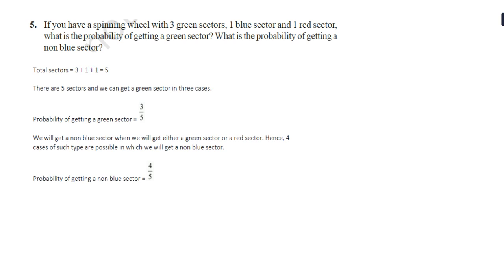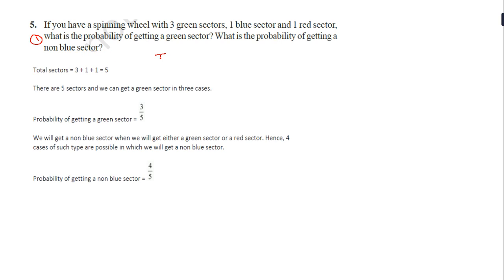Now question number 5. If you have a spinning wheel with 3 green sectors, 1 blue sector and 1 red sector, what is the probability of getting a green sector? And what is the probability of getting a non-blue sector?